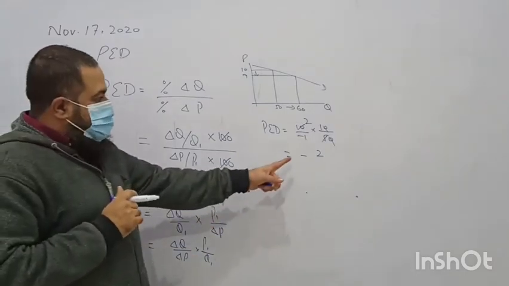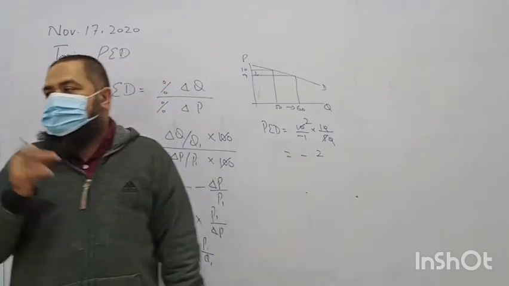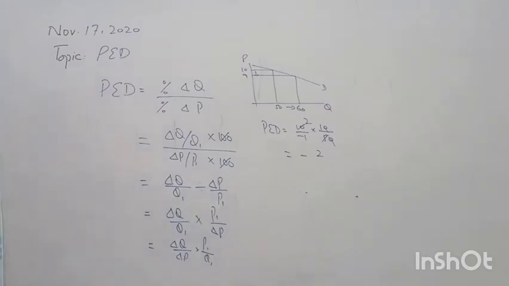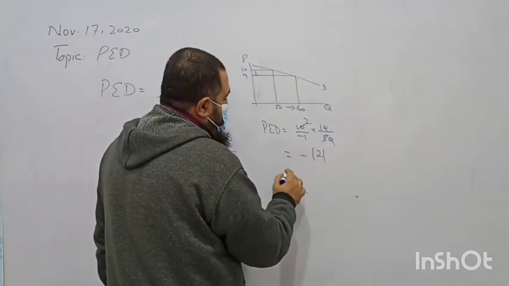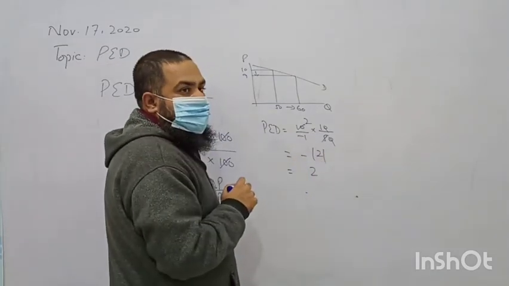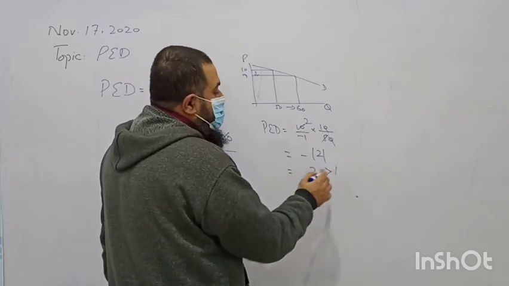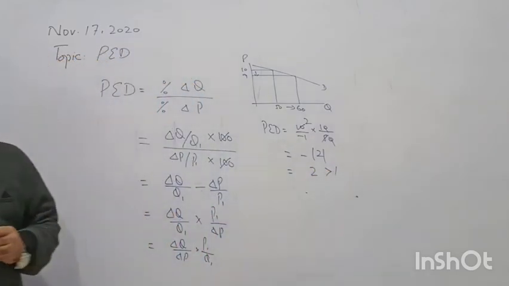Now this negative sign tells us that price and quantity demanded are inversely related. But we take the absolute value. What is the absolute value? That is 2. Now if this 2 is greater than 1, we say it is an elastic demand.